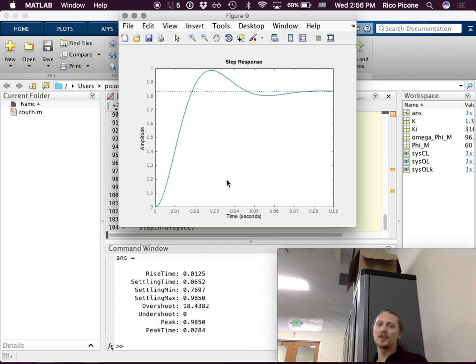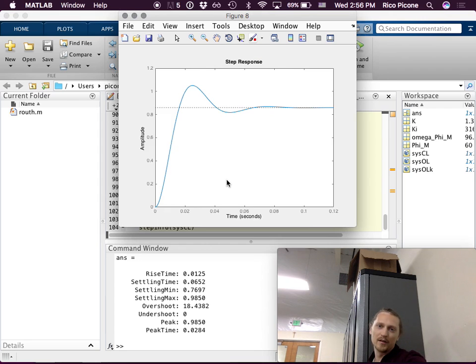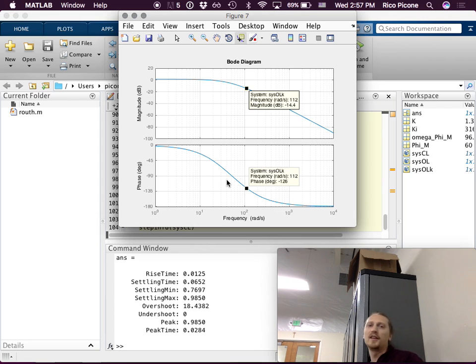Essentially, it all comes down to shaping the Bode plot.